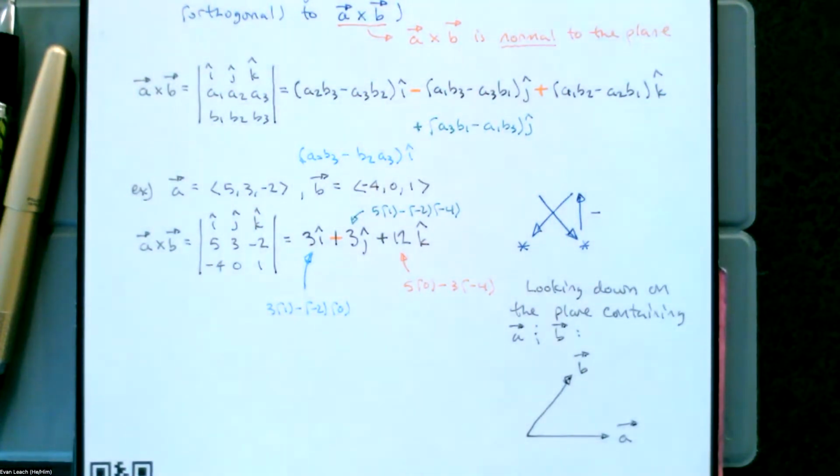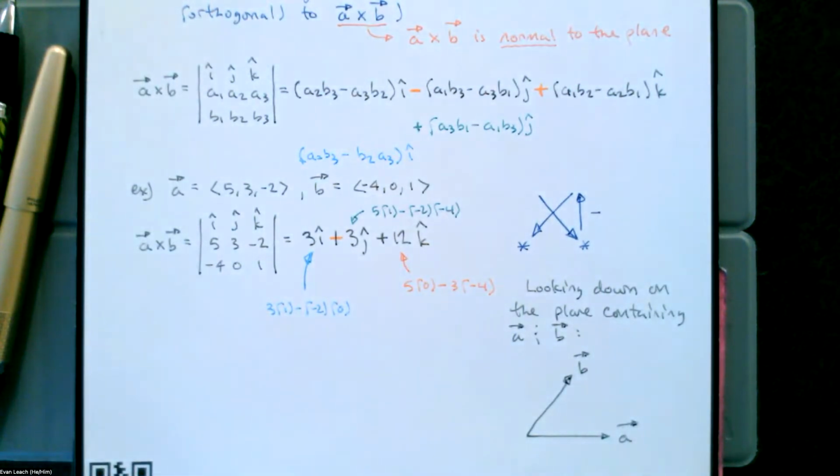If we're looking down on the plane containing A and B, there'll be a line running perpendicular to this plane through where they connect. Actually, it can be wherever we want it to be.